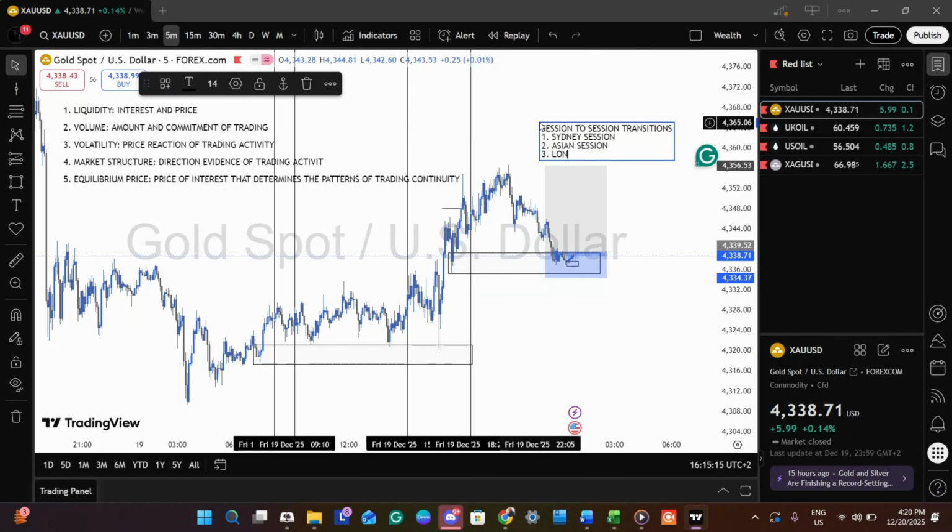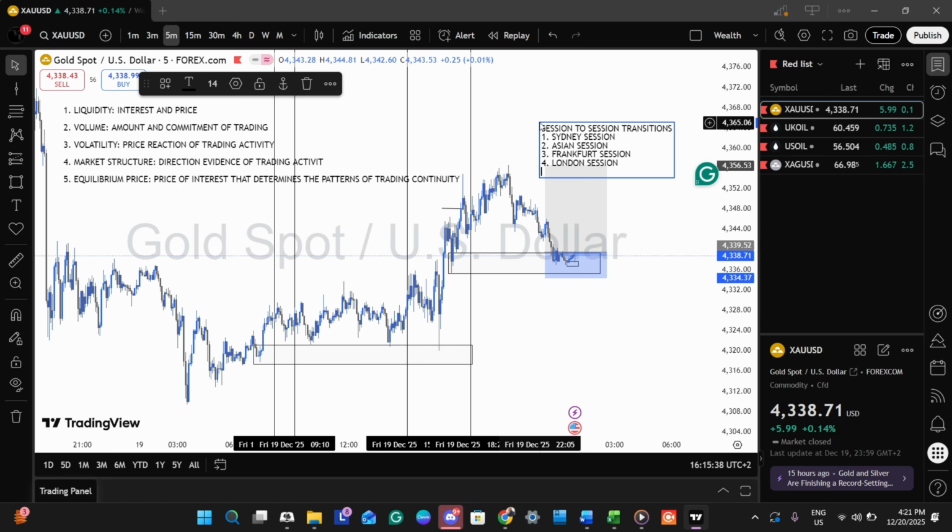We have Frankfurt session where European traders begin, particularly those in Germany. Then we have London session where traders from the United Kingdom region and that aspect of Europe become active.